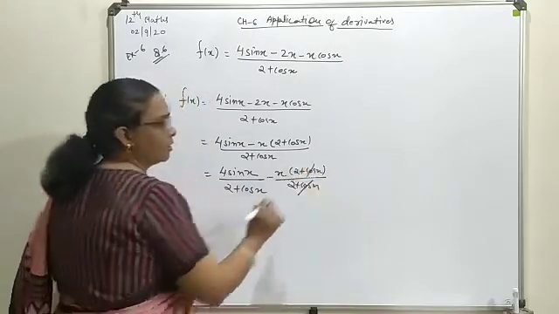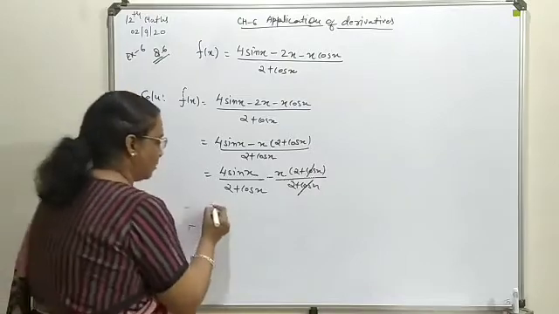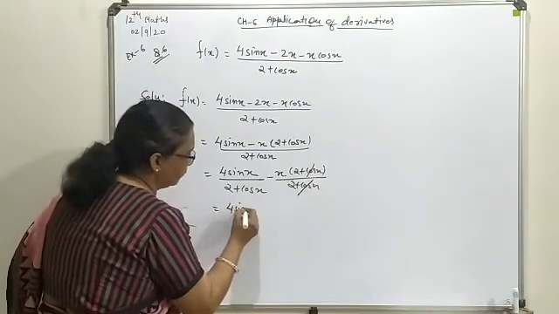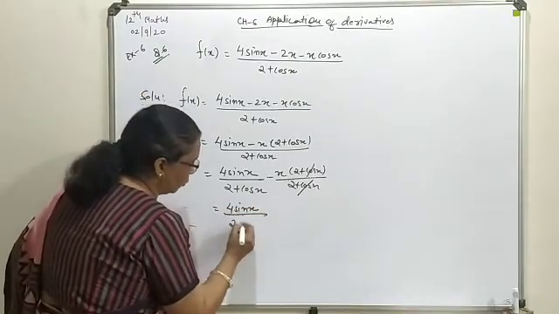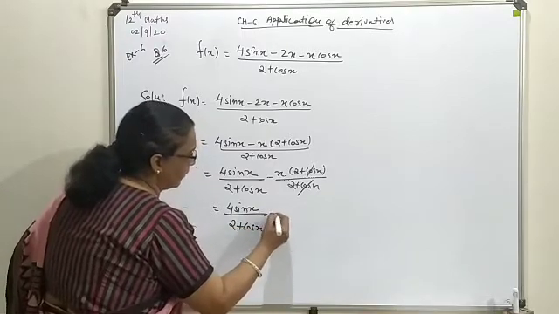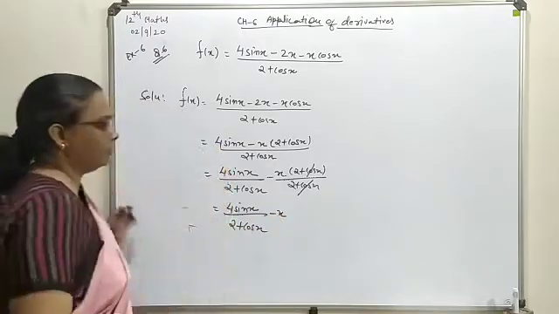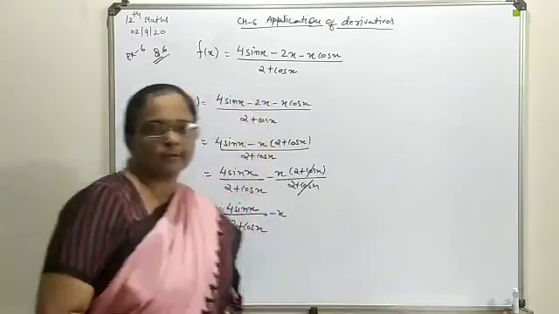You can see these two terms are the same, so they cancel. So you are left with 4 sin x upon 2 plus cos x minus x. This function form is now ready for the first derivative.